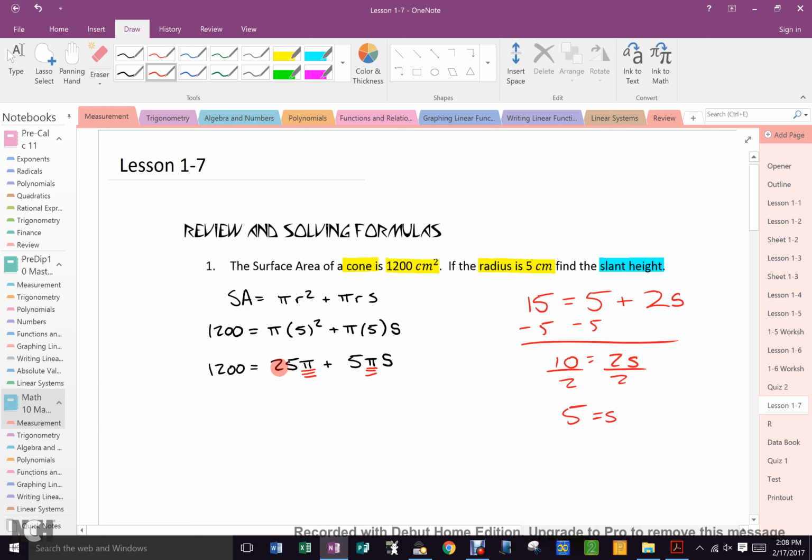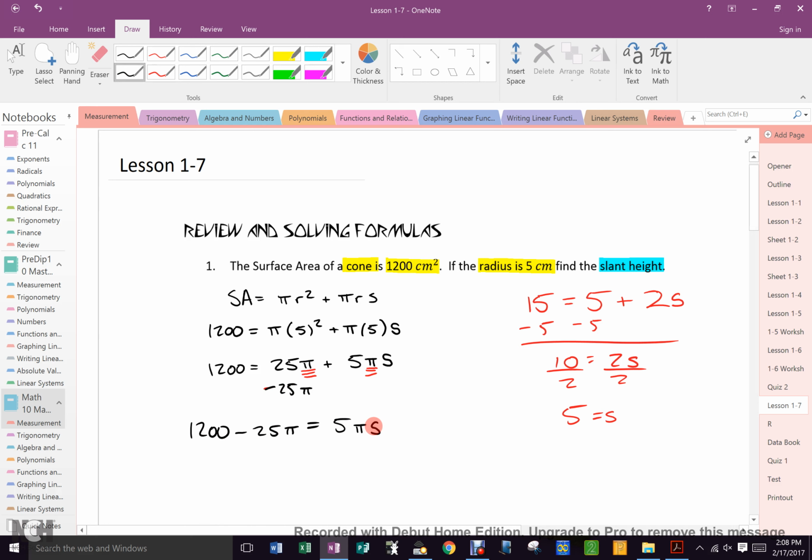So when I want to get rid of positive 25 pi, what should I do? Subtract 25 pi. Minus 25 pi. So now I have 1,200, and I'm going to take away 25 pi. And what is left over here? 5 pi s, correct?